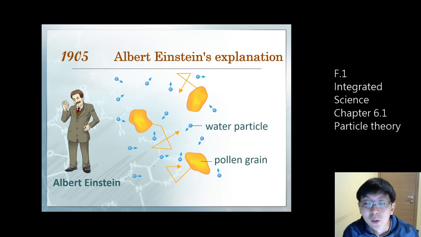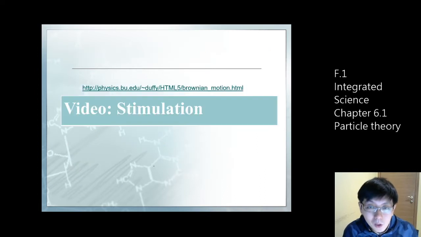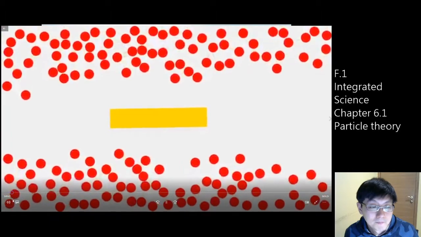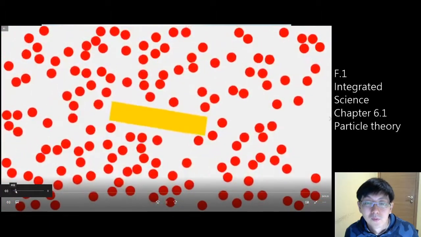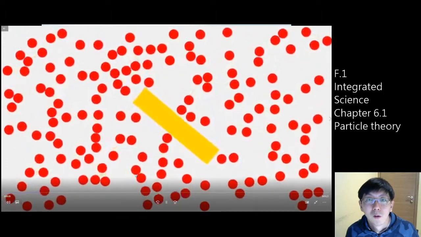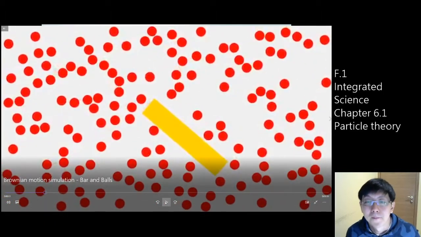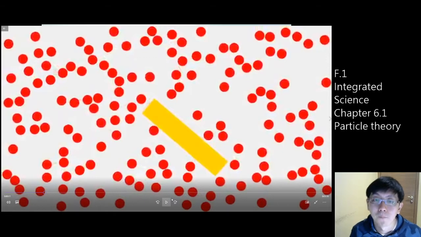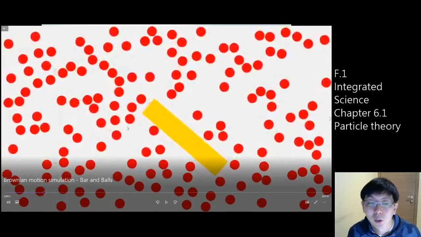Actually, they're related to the water particle. So now I'm going to show you this stimulation here. Try to explain this. 做乜啊？我睇停先。What I want you to observe is you try to ignore the red balls here. 你當睇唔到啲紅色波先。What I want you to do is focus on the yellow rectangle here.